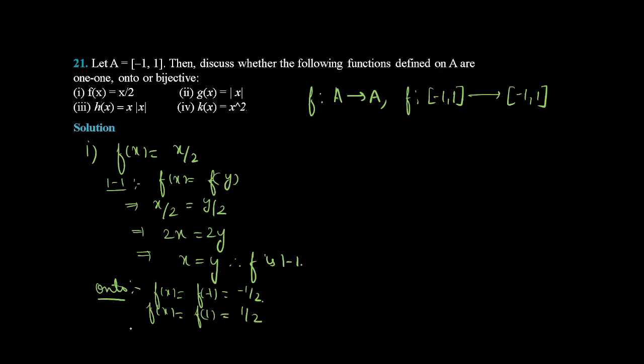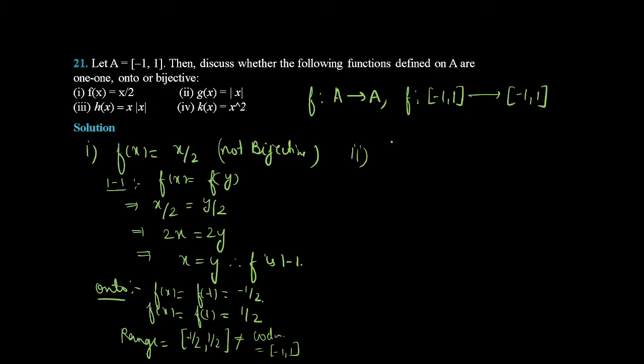That means the range of my function is -1 by 2 to 1 by 2, which is not equal to the codomain, which is -1 to 1. So therefore, this function is one-one, but this is not an onto function. So therefore, it is not a bijective function, right, because it is one-one but not onto.